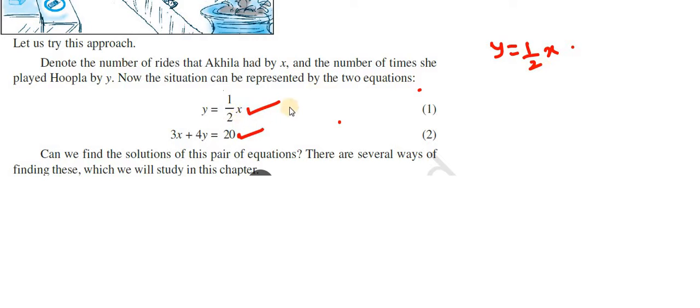But here we need to find the x and y values for both of these. Solving such linear equations together is known as simultaneous linear equations. Can we find the solution of this pair of equations? There are several ways of finding it, which we will study in this chapter. So this chapter is nothing but simultaneous linear equations.